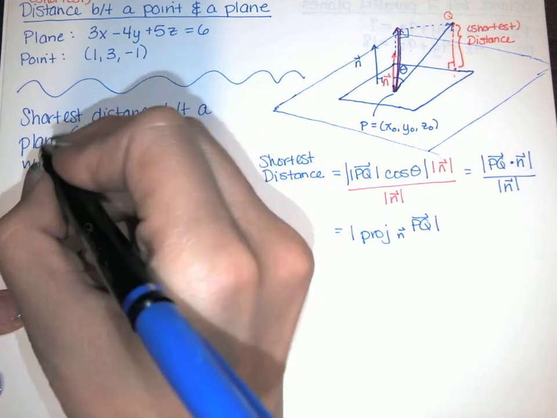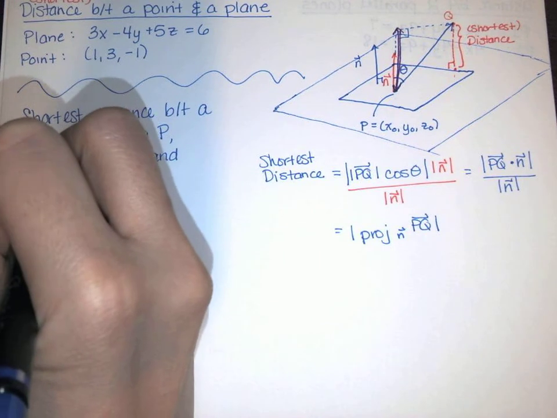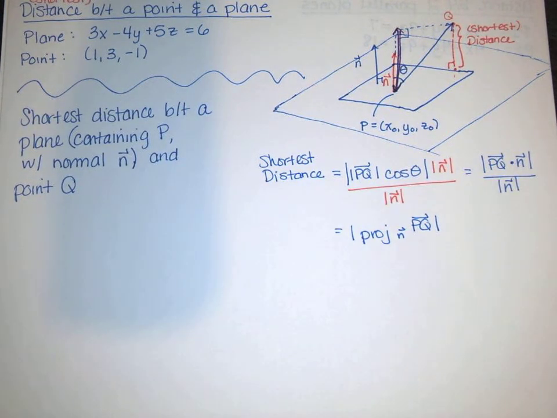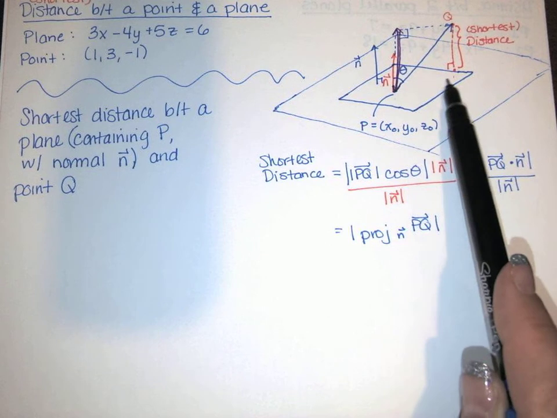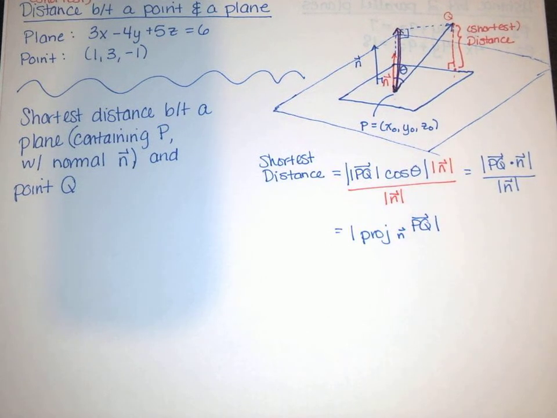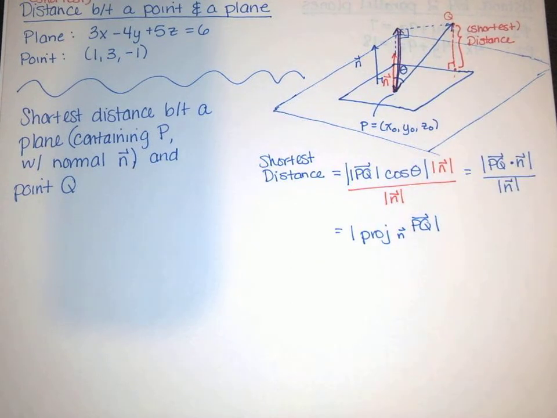So it's the shortest distance between this plane and a point Q. I want to say that the point Q is not on the plane, but even if it were in the plane, if Q was down here, PQ dotted with n would give me 0. And we'd immediately see that the distance between Q and the plane is 0. So this even works when Q is in the plane.